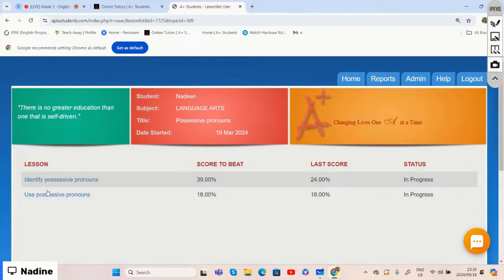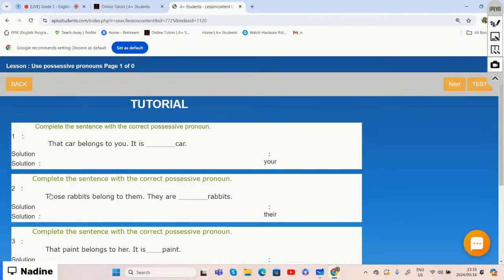So now we're going into the next one, which is to use possessive pronouns. Remember, we identified possessive pronouns from a sentence. Now we're going to use it, right, by adding in the possessive pronoun. It says that car belongs to you.